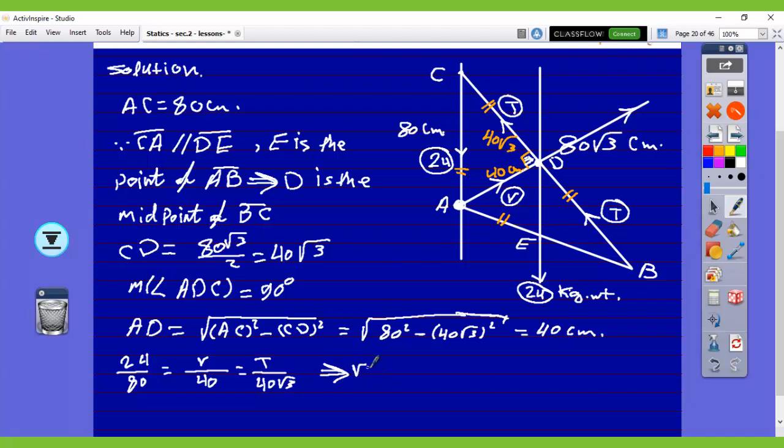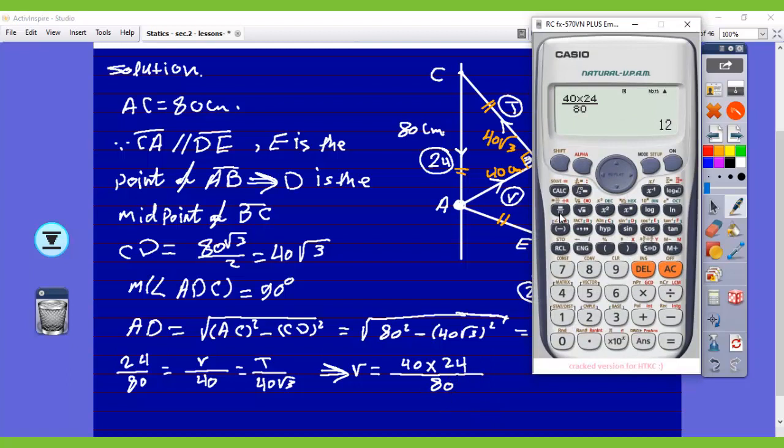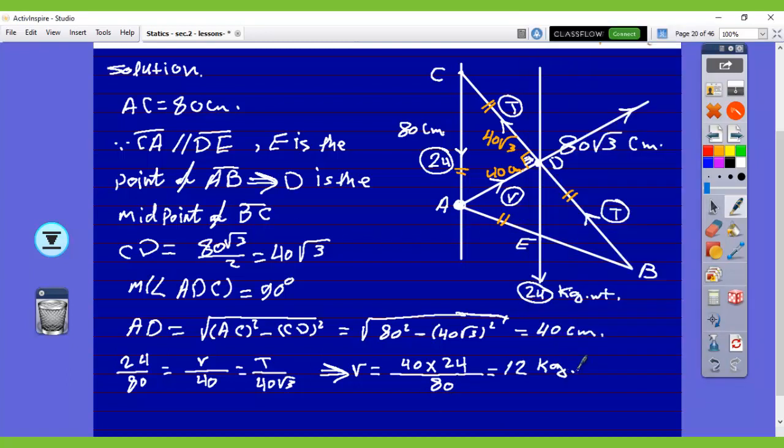It means R equals 40 multiplied by 24 over 80, and you calculate it, equals 12 kilogram weight.